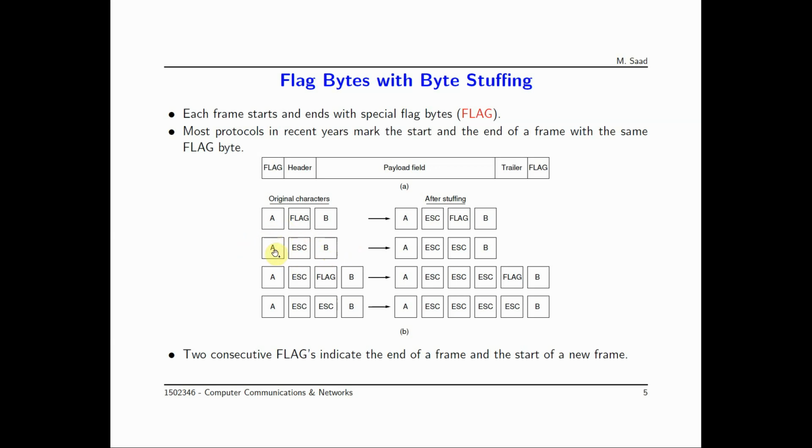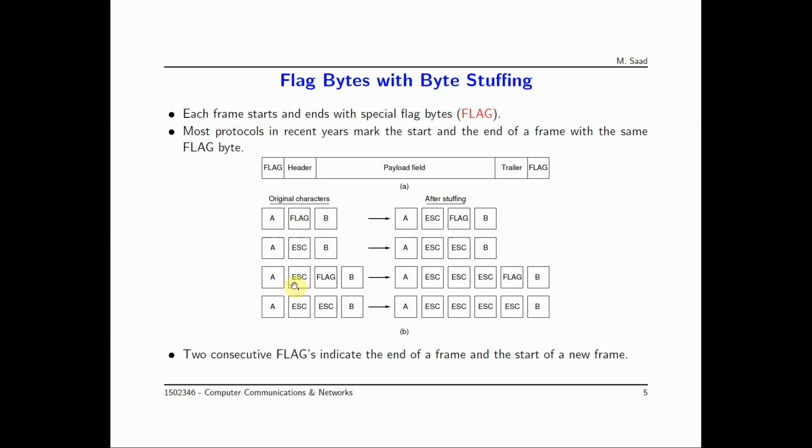However, before sending, the sender goes through the frame, and if there is an escape, we insert another escape before it. Now, how does the receiver operate? It will read A. It will find escape followed by escape. As long as we have an escape followed by an escape, the first one needs to be removed because it was stuffed by the sender for sure, so we recover the actual frame.